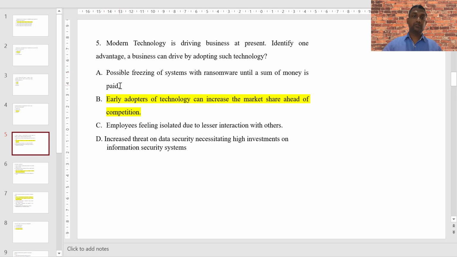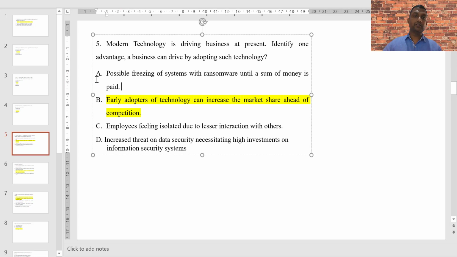If the organization is moving on to more and more technology systems, the organization will have to rely on them. They have to depend on them. So when the systems are taken over by bad people, hackers, then the organizations will have to pay them money to get them released. They will take the system into their custody and the organization is in trouble.